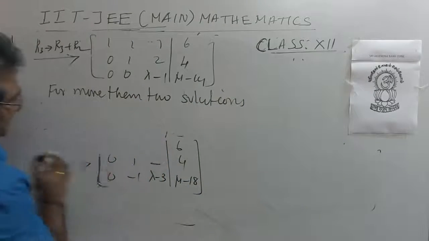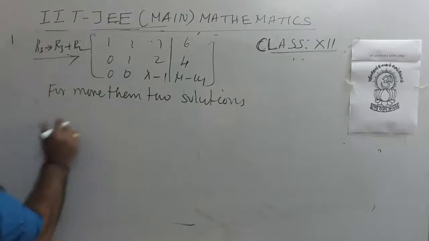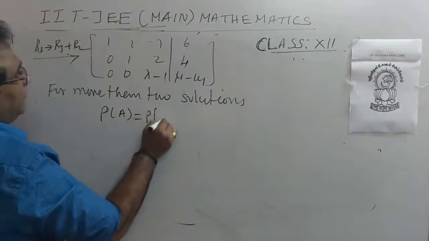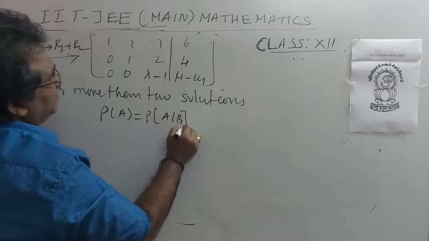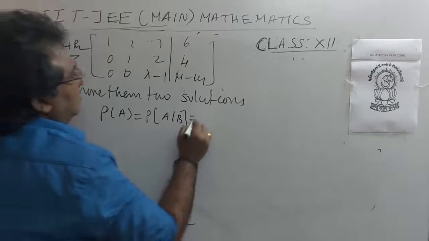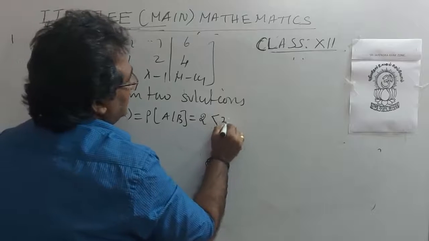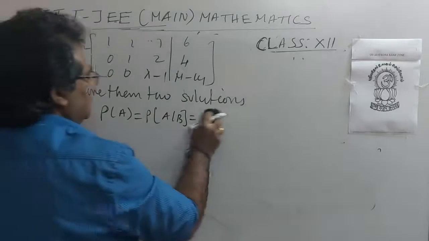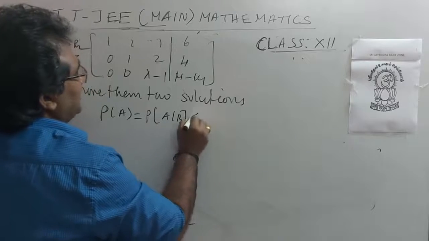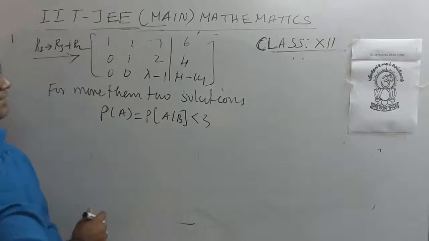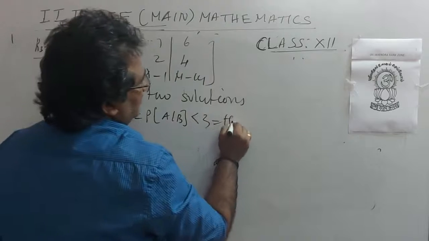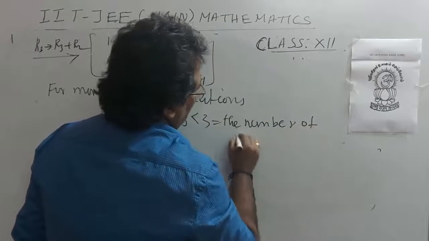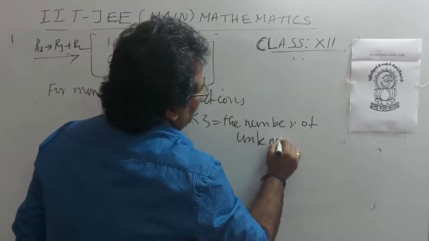For more than 2 solutions, rank of A and rank of augmented matrix AB should be less than 3, the number of unknowns.